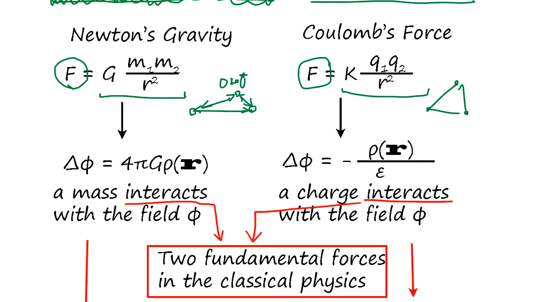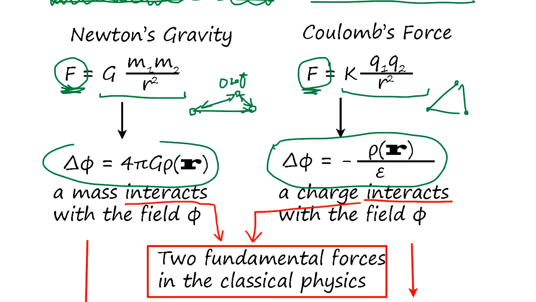Now classical physics evolved from those very crude forms of the fundamental law into the so-called Poisson's equation. And what is this triangle? Triangle is a second degree derivative.